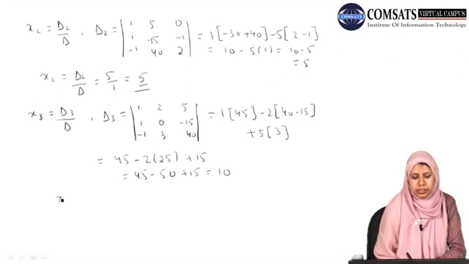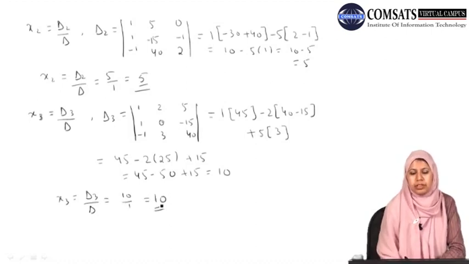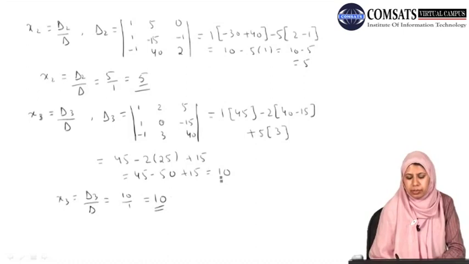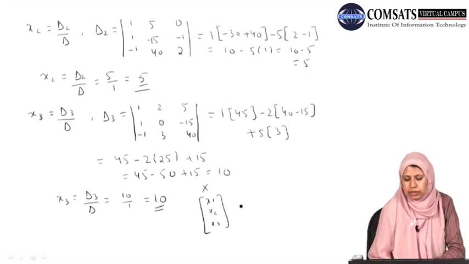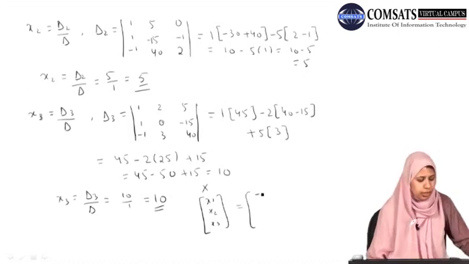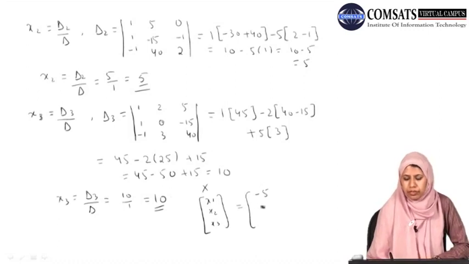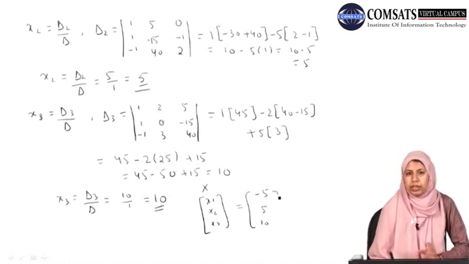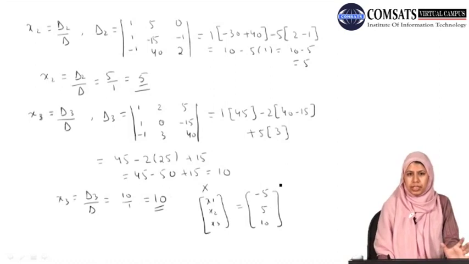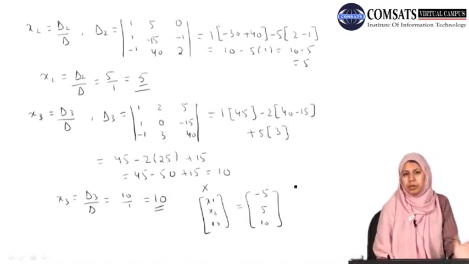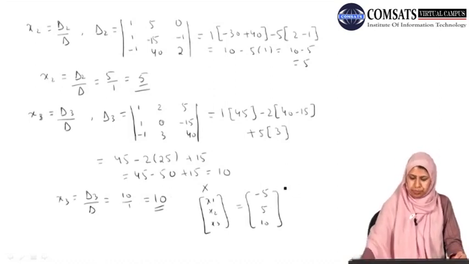So our x3 is the ratio of delta 3 to delta, which is 10 by 1, which is 10. So if we look at our values of x1, x2 and x3, our matrix X of unknowns, x1, x2 and x3 is, x1 was minus 5, x2 is 5 and x3 is 10. We obtain the same solution as we have obtained in our previous lecture.